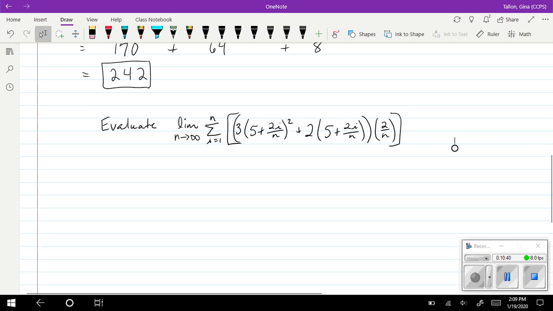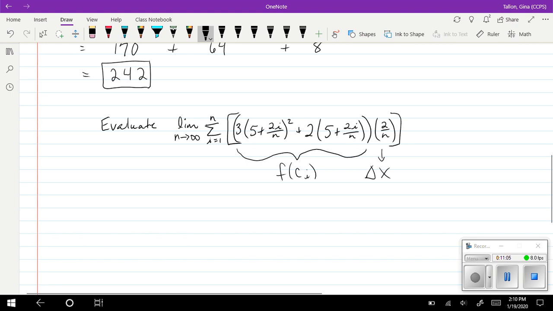All right, I'm going to look at this function and I'm going to try and decide if I can figure out what the function itself was. This piece of the puzzle right here is my f of c sub i, and I know that this piece of the puzzle right here is my delta x.